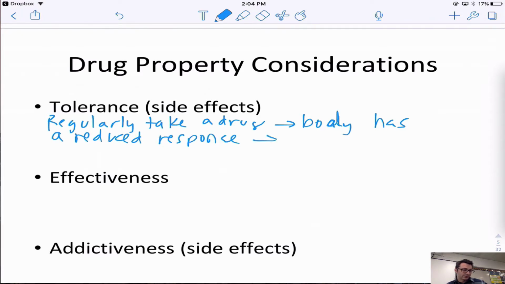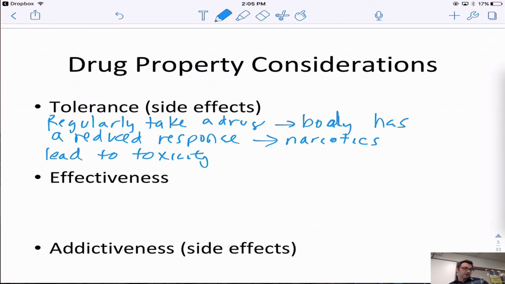This happens a lot with narcotics. So people who are addicted to heroin need to take more and more, higher doses, in order to get that same effect. And the real problem is that this could lead to toxicity. That's basically what an overdose is.